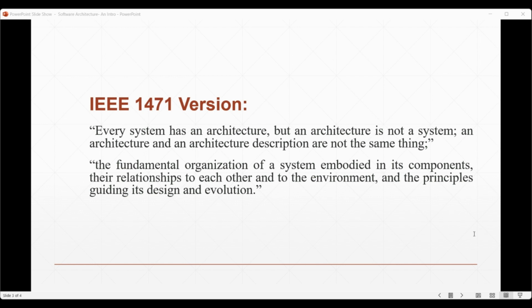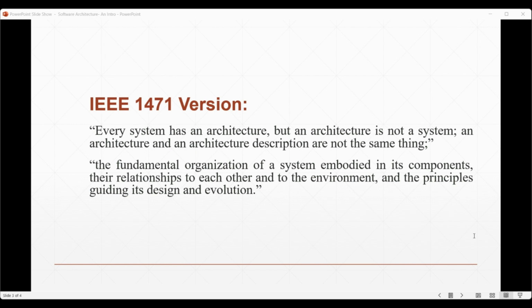And then it defines the architecture as the fundamental organization of a system embodied in its components, their relationships to each other, to the environment, and the principle guiding its design and evolution. Hmm, pretty complex. That's why some people finally conclude that software architecture is about the important stuff, whatever that is.